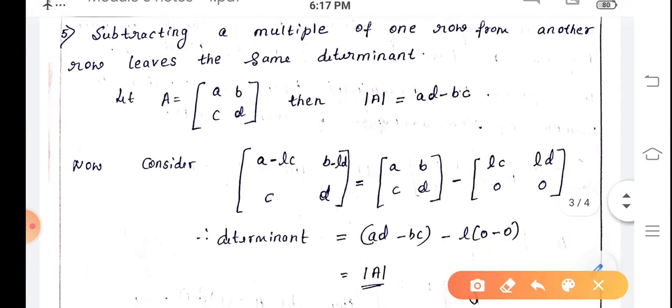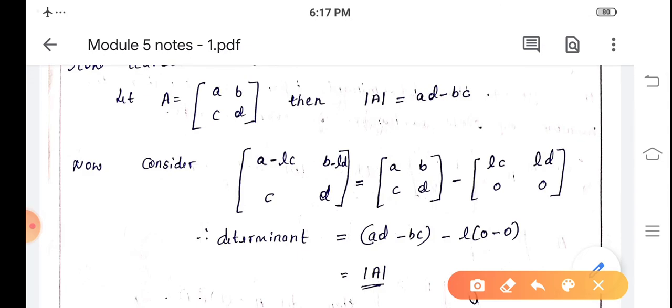That is, first row a minus lc, b minus ld, second row c, d, which we can write as matrix [[a, b], [c, d]] minus matrix first row lc, ld, second row 0, 0.